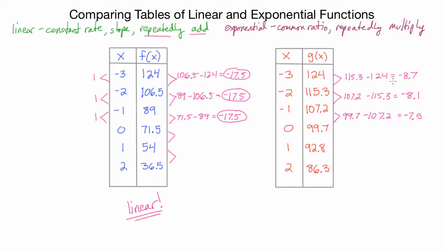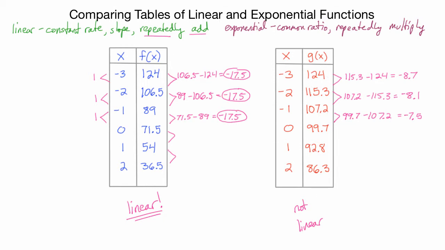Well, just looking at these, negative 8.7, negative 8.1, negative 7.5, these are not constantly adding the same thing. Those are different amounts of change between each term. So this one is definitely not linear because I don't see a constant rate or repeatedly adding the same thing.